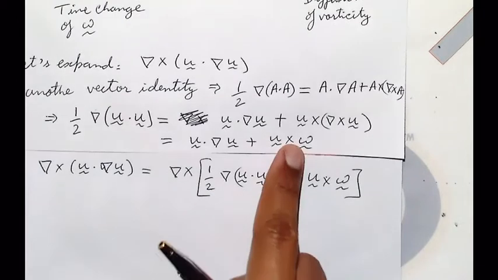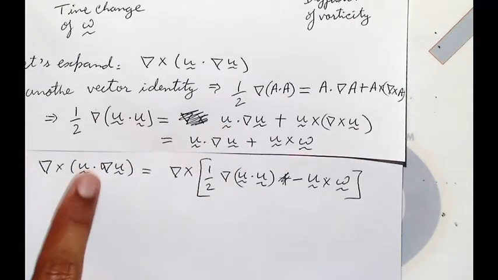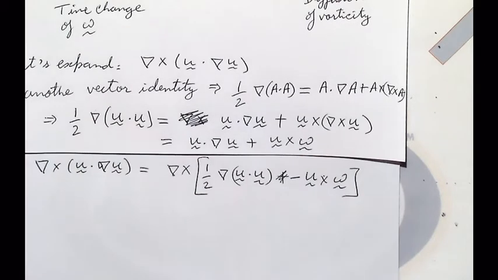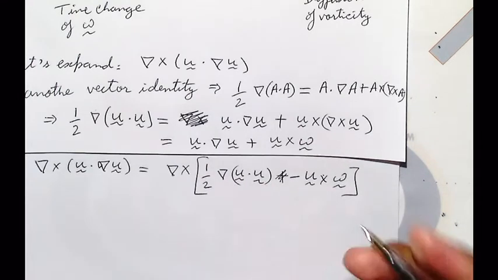I just took this to the other side and this replaces the thing inside, and you get nabla cross there. And this u dot u is just u squared.